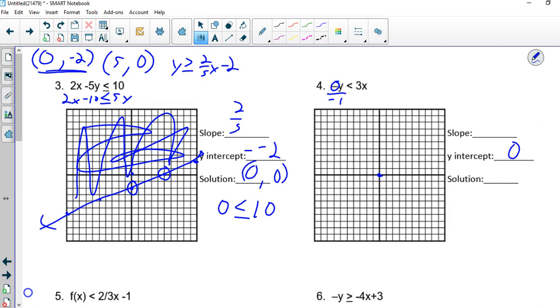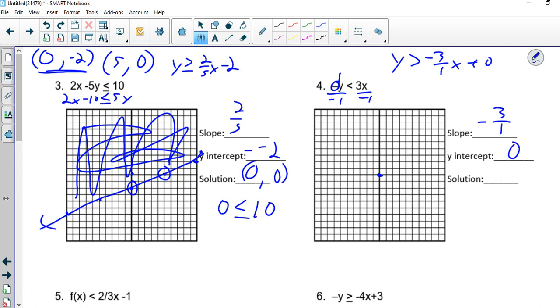We need to divide by negative 1, which is going to flip my symbol. So I'm going to end up with y is greater than negative 3 over 1x, and there's my 0 again. So y-intercept doesn't change, but slope does. So you have to be very careful to pay attention if there's a little negative there without a number showing, because it truly is the number negative 1.